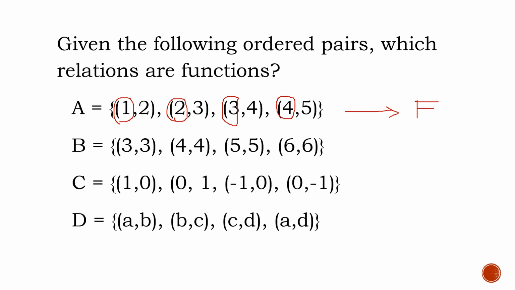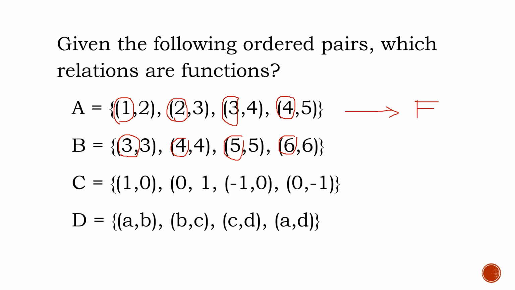For letter B, again, let's check if there is a repetition in your x values. Your first x value is 3, second is 4, then your third is 5, and your fourth is 6.